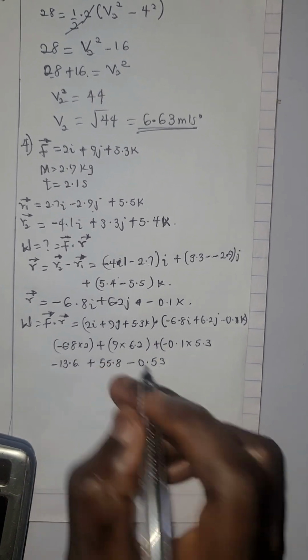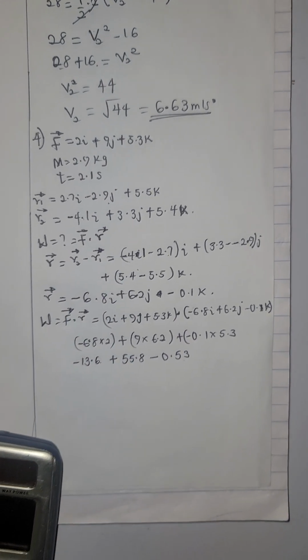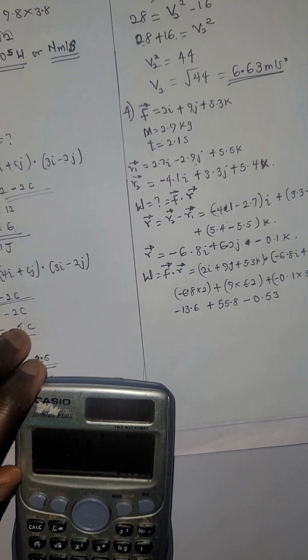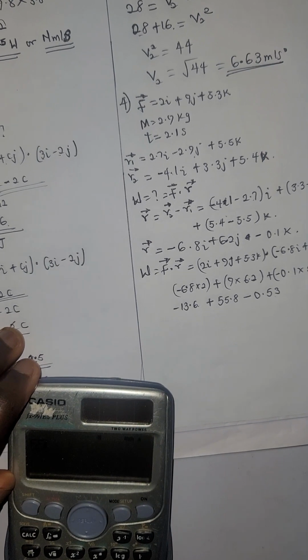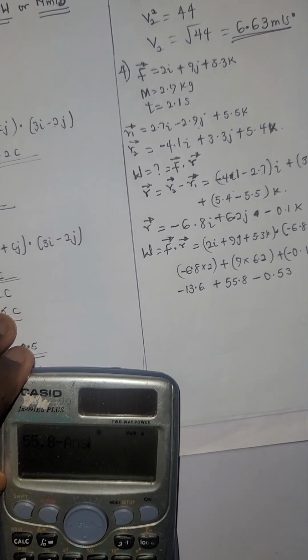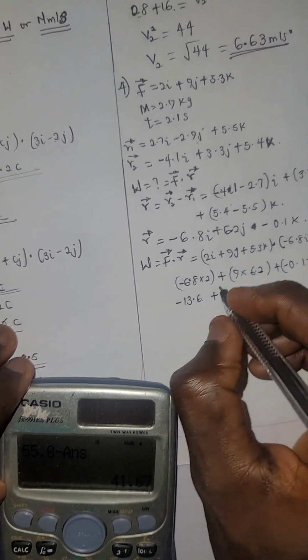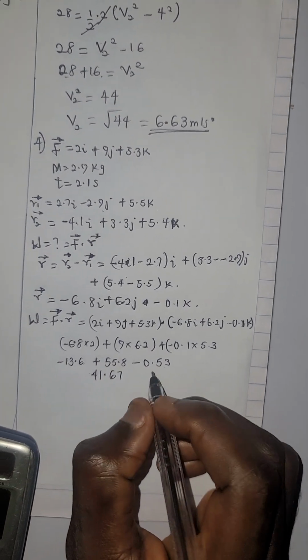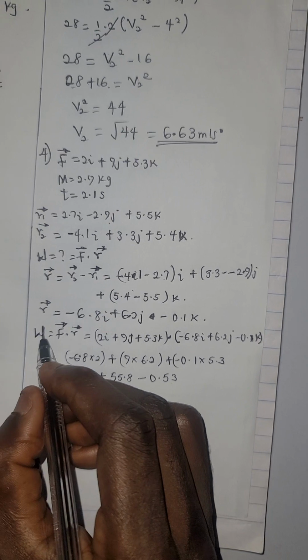Add this one and this and subtract from this. So we have 41.67 as our work done.